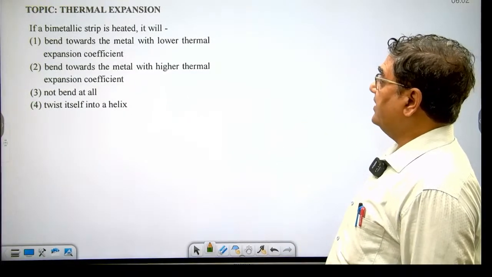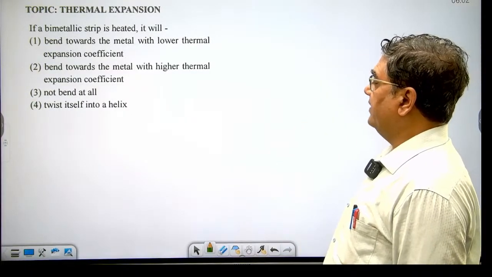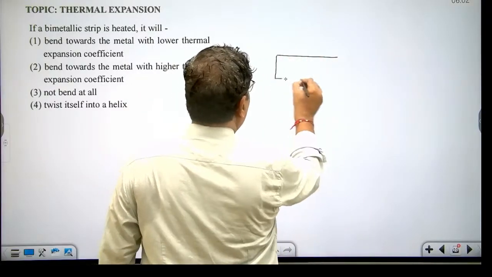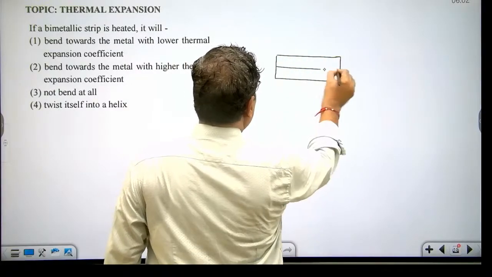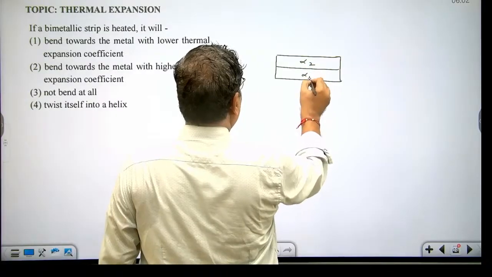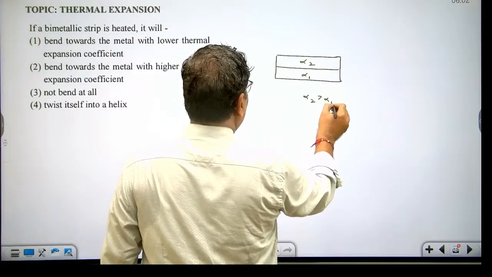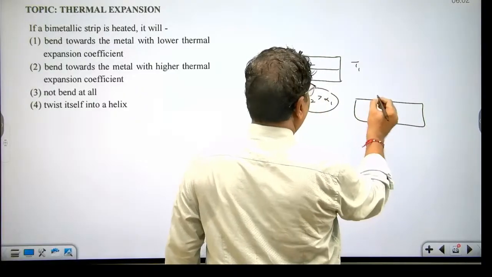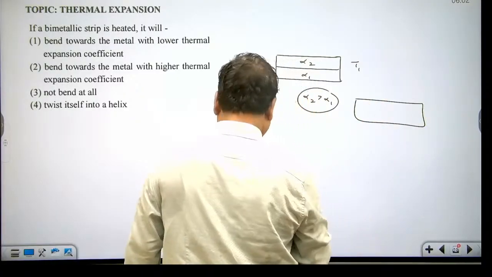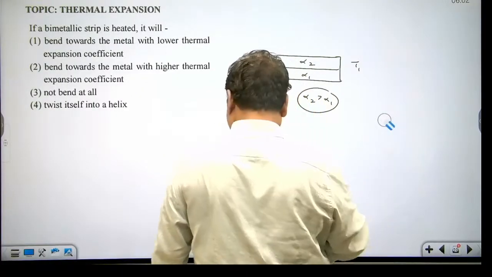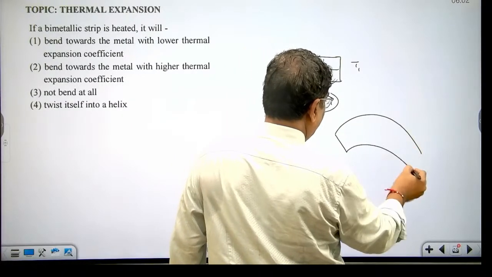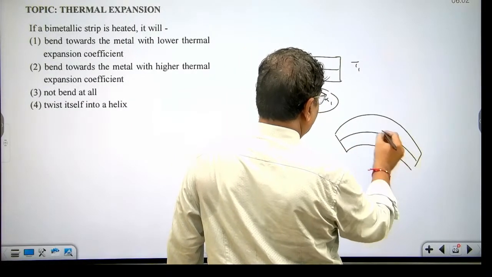If a bimetallic strip is heated, it bends towards more alpha. If alpha 2 is greater than alpha 1, when temperature is increased, it will bend like this.